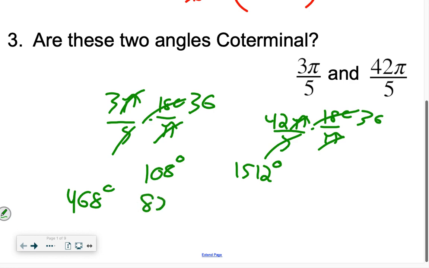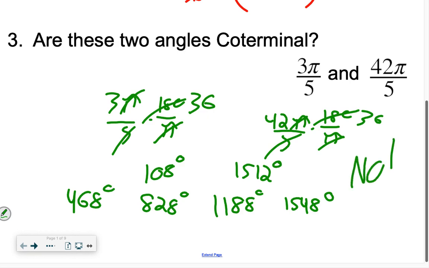You get 828 degrees. Okay, we're still not there yet. Again, you get 1,188 degrees. Let's go again. You get 1,548 degrees, which obviously does not match our 1,512 degrees. So again, this way we also get a big no, they're not coterminal.